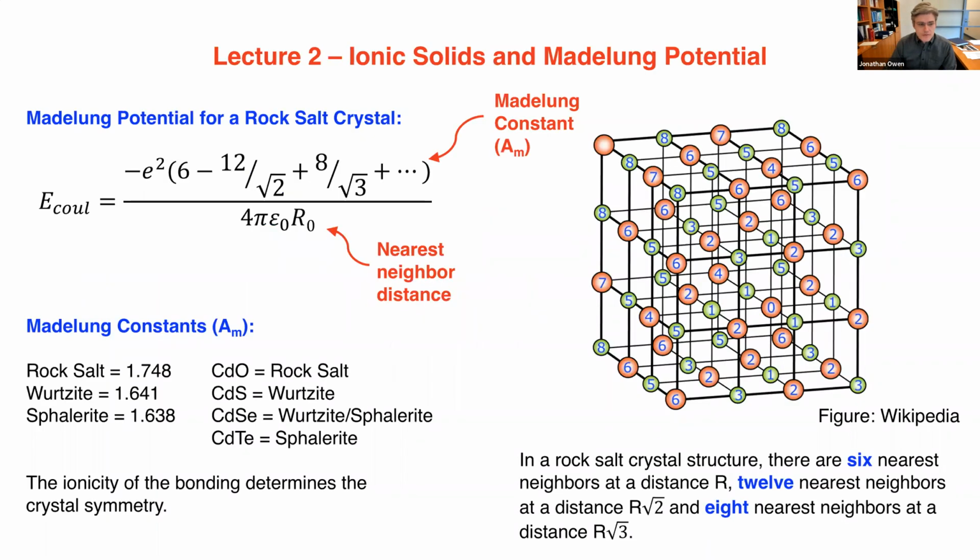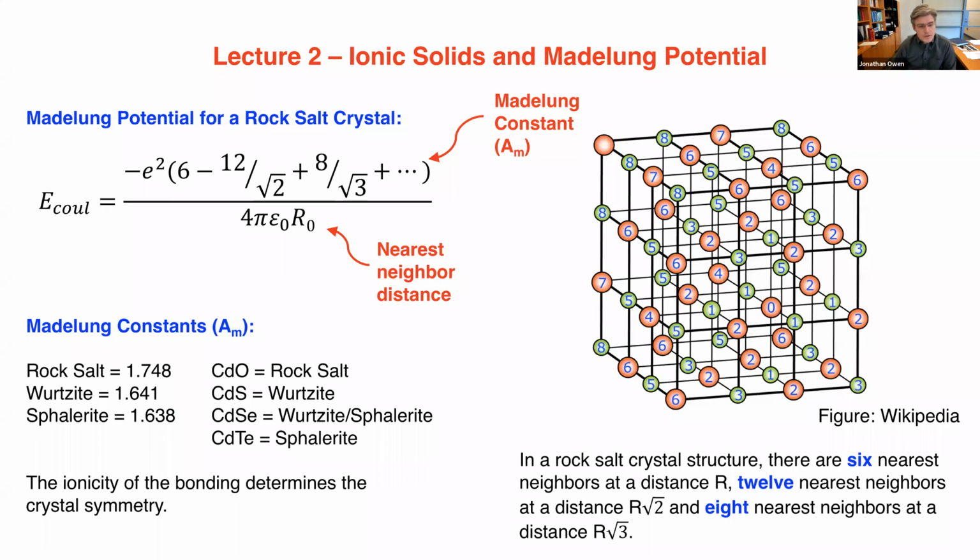Just a quick review of what we talked about last time. We analyzed the Coulomb potential in a crystal lattice. In a crystal lattice, you have many different interactions for the cations and the anions with the neighboring cations and anions. Some of those neighboring cations are positively charged, some are negatively charged, depending upon the number of nearest neighbors away.